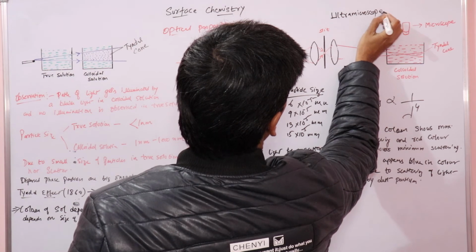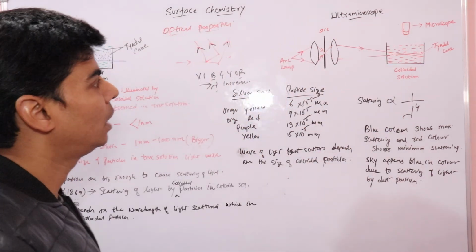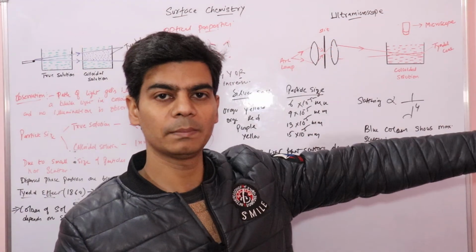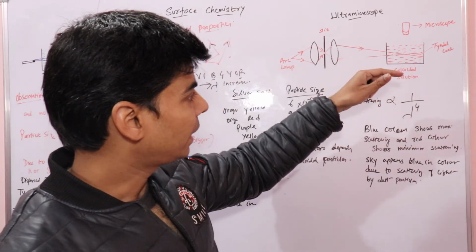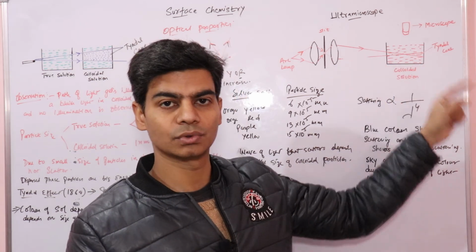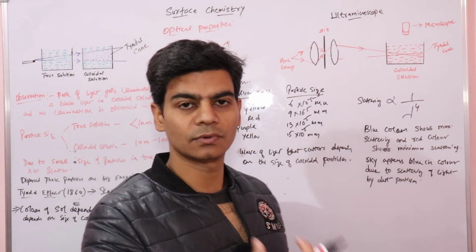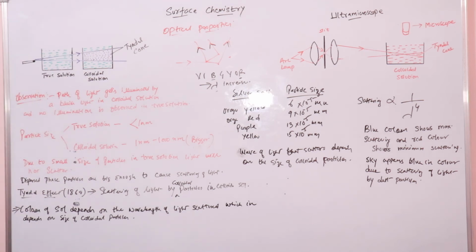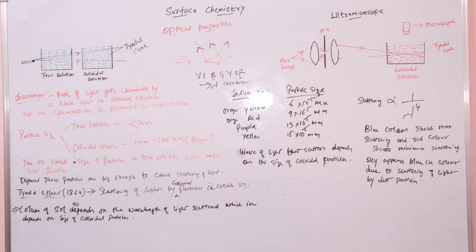Ultra microscope is different from a normal microscope in that the light enters laterally in an ultra microscope, because in a normal microscope light enters from below. So this is the simple experiment of the ultra microscope, and in this experiment an intense beam of light would be sent through the liquid under study in the darkened space.